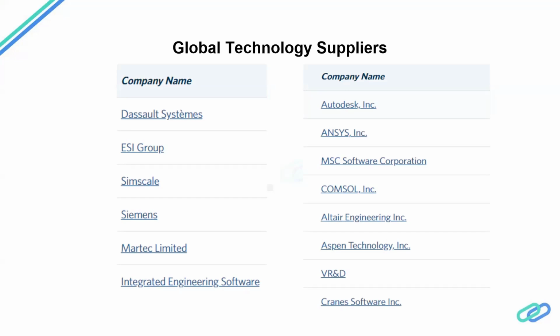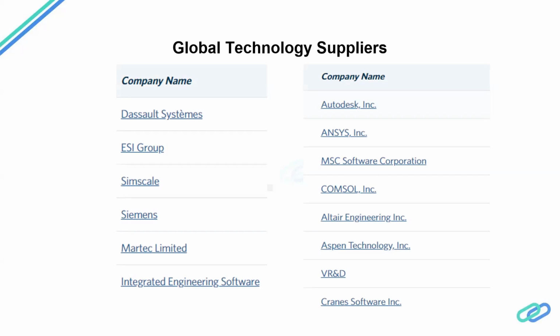And in these various software, there are various applications. They can be used in multiple locations. Each supplier has something specific to offer. If you look at Dassault Systemes, they specifically offer non-linearity as their major home ground, or specialization.